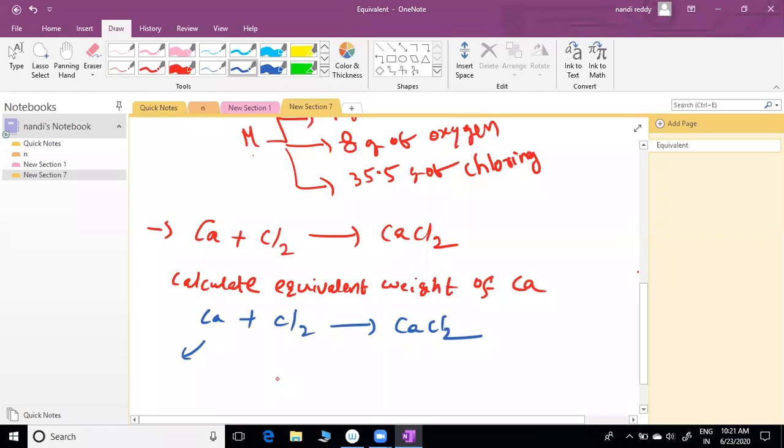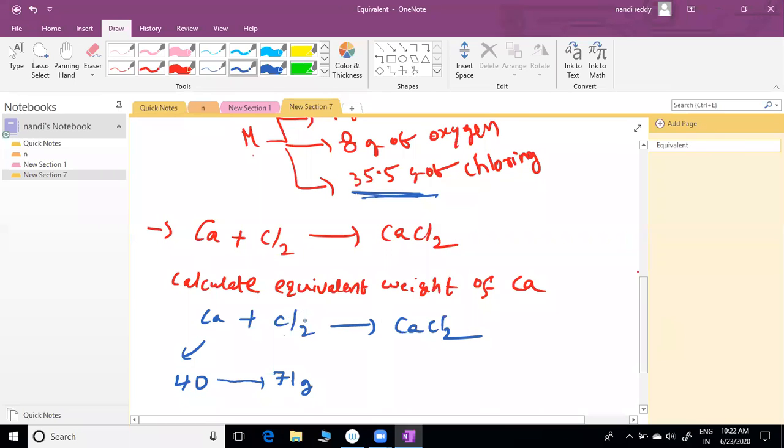Each chlorine is 35.5, so 2 chlorines is 71 grams. Students, how to calculate atomic mass, you also have to know that. Up to 30 units, you should have the atomic masses by heart. So 40 grams combines with 71 grams of chlorine. But in our definition, how many grams, sir? 35.5 grams of chlorine is equal to its equivalent weight.